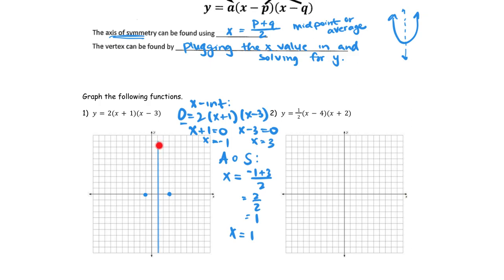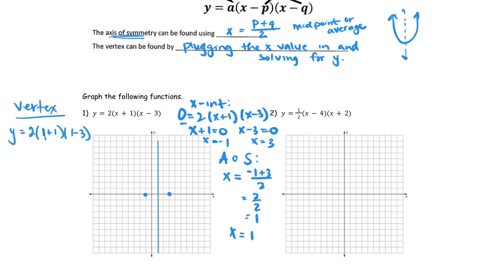Now we want to find where our vertex is, and we know the vertex is somewhere along this line. We can look at the A value. We know that the A value is +2, so that means it's opening up, and it's going to be a little steeper of a curve. So if it's opening up, we should expect that our vertex is somewhere down here. And to find that, we're going to take this x value and plug it into our equation. So you can see that I have put in a 1 for x in both of these places.